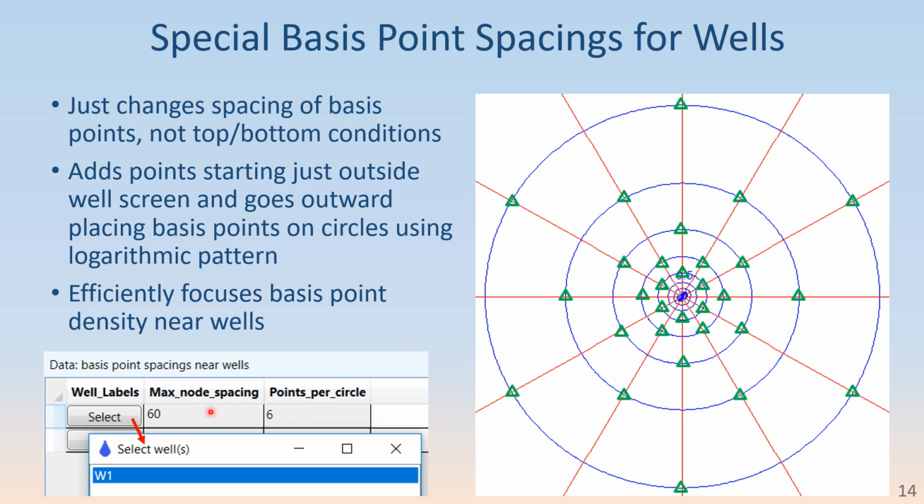So what you specify in the input is that maximum node spacing and how many points per circle. In this case, it's 6 points per circle. I think it can be 8 or 10 if you want it to be. And then you can apply this to any number of wells or all the wells in your model. It's always a good idea to model the basis point spacings around wells this way if you want an accurate depiction of vertical leakages and or storage fluxes.